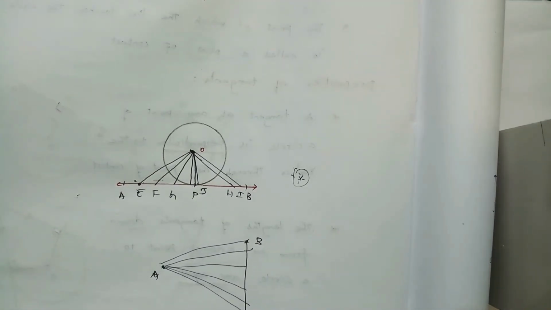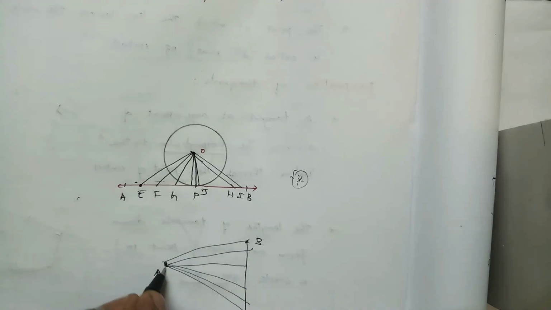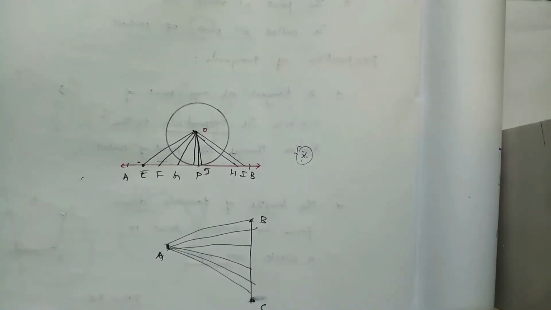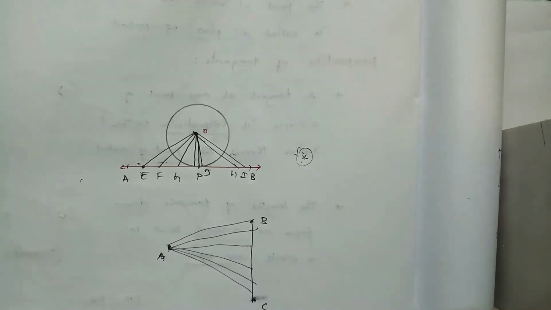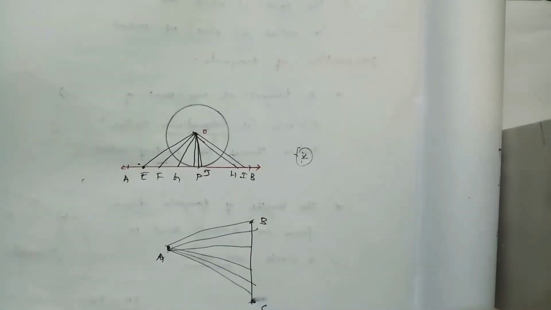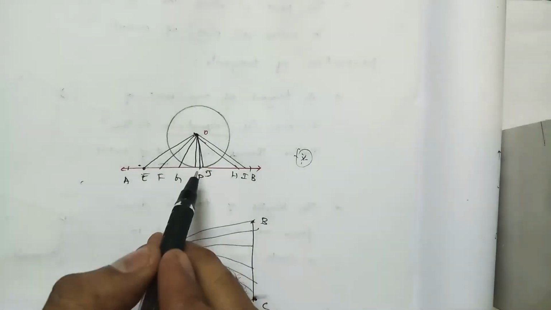Among these lines, which is the very shortest line from the point A to the line BC? That line is called the perpendicular line, the perpendicular distance. That property alone I am now going to use to prove this.